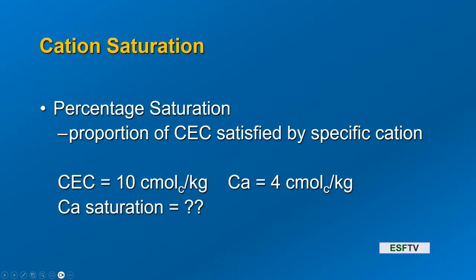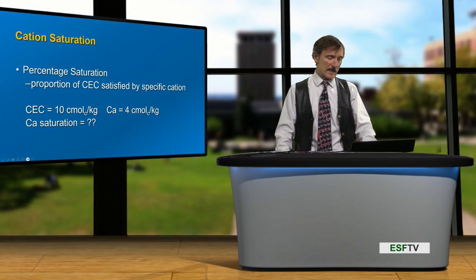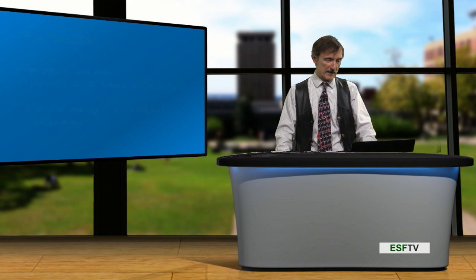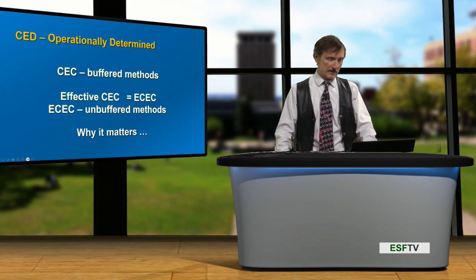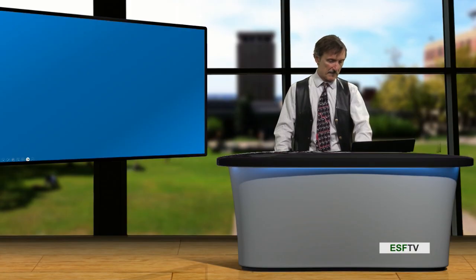Let's think about what is calcium saturation. That is, what proportion of this CEC, 10 centimoles of charge per kilogram, is taken up by calcium? Okay, so how do we do that calculation? It's pretty simple. The proportion of calcium as a function of total CEC. Sorry, got to go back one.